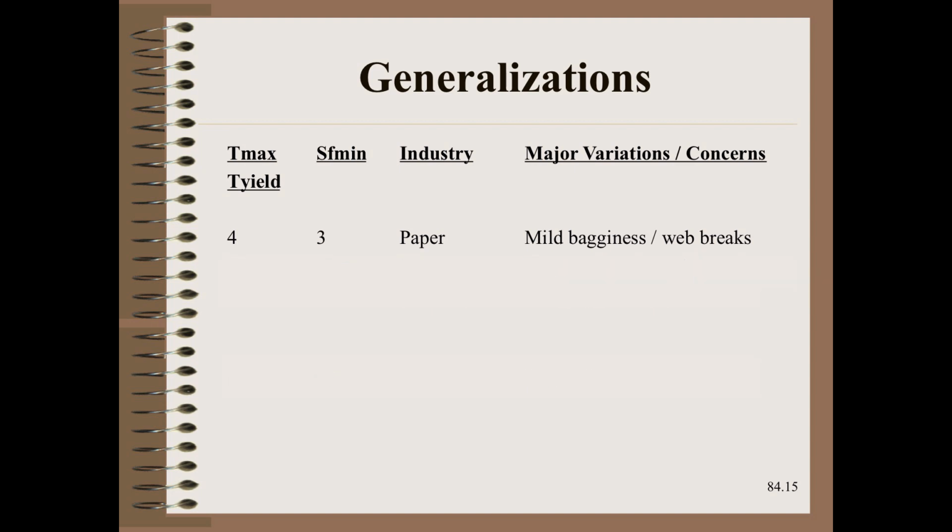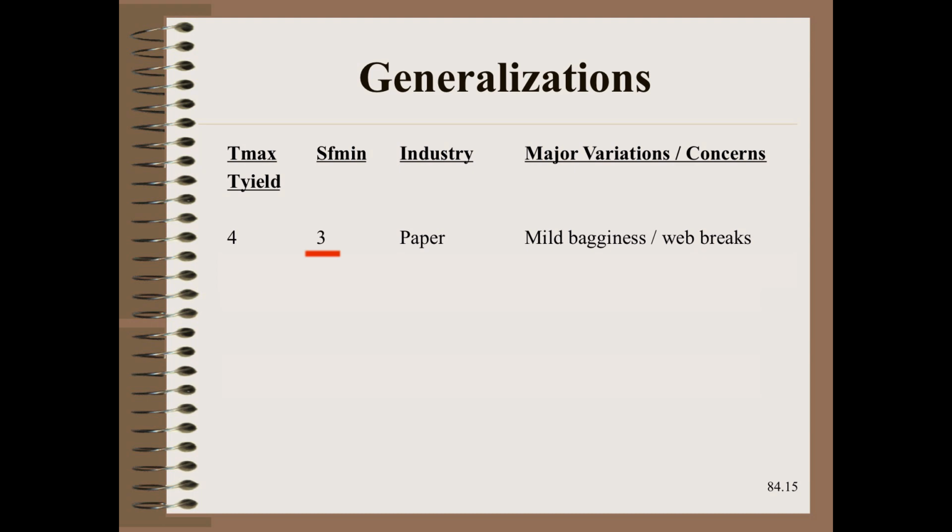Let me offer a few general observations, beginning with an industry I know best, paper. Here, we might at most run a simple web tension setting of 1/4 of the breaking strength. However, the true safety factor is not as high, perhaps more like 3, due to occasional mild bagginess and just a tiny smidge of drive system imperfections.